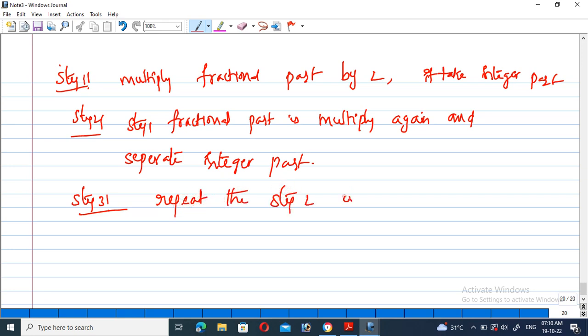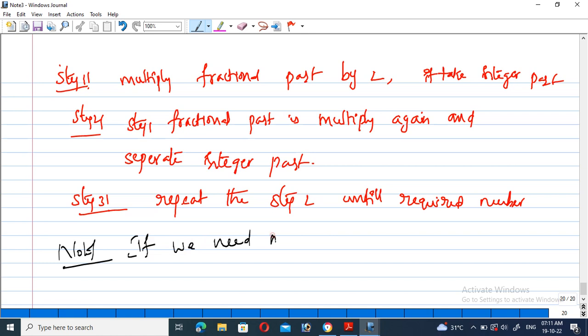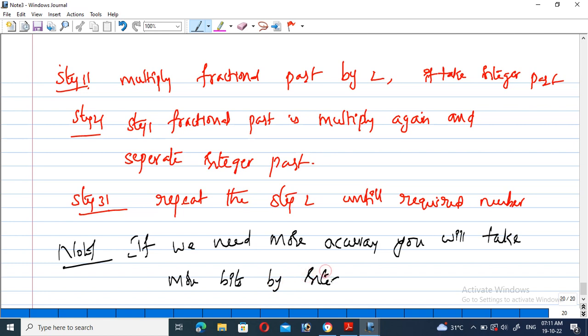One important point you have to note: if you need more accuracy, you will take more bits of the integer part.